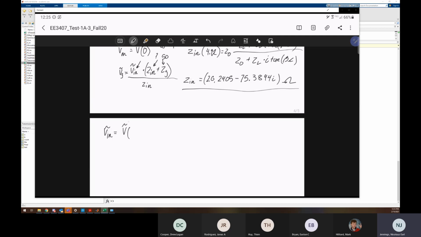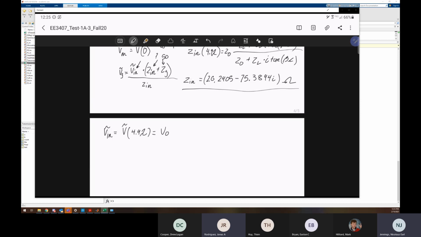Or maybe this will spur your memory. How do we solve for the voltage at a specific location? That phasor voltage formula. Yep, exactly.